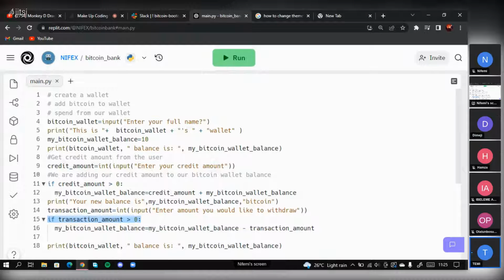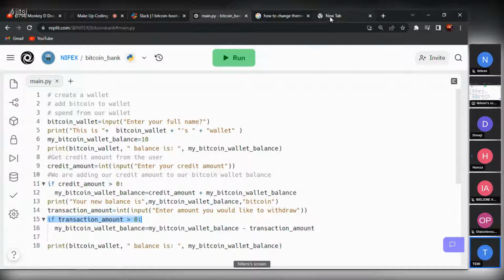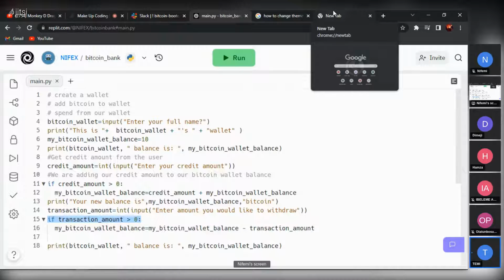Yes, what I want to say is that whenever I try running the code on my own gadget, sometimes it doesn't work. Sometimes I enter the amount I want to withdraw. Do you just write the amount you want to withdraw, or do you put the minus sign?